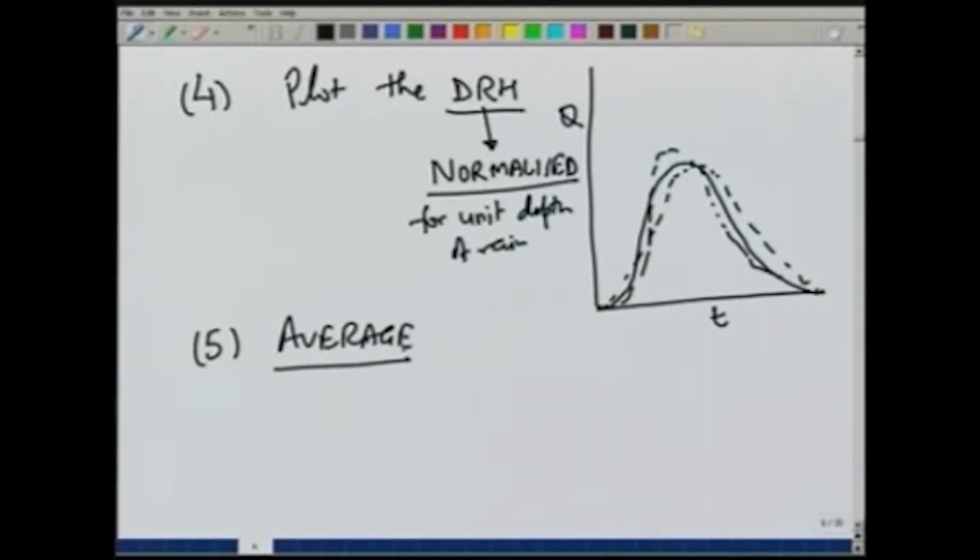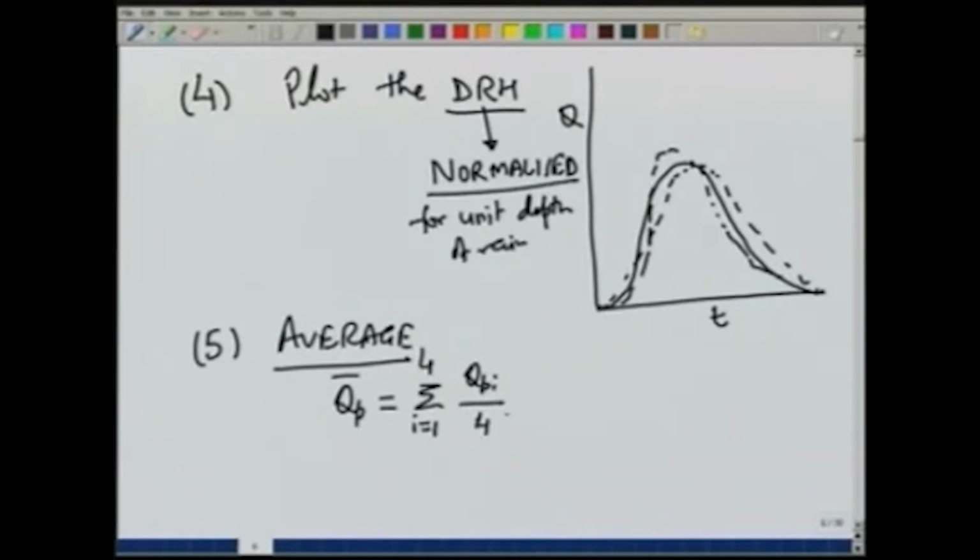And the best way to take the average typically is to take the average of all the peaks, so suppose we have 4 storms, we add all the peaks and divide by 4.